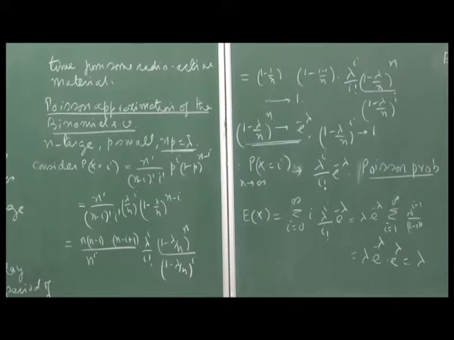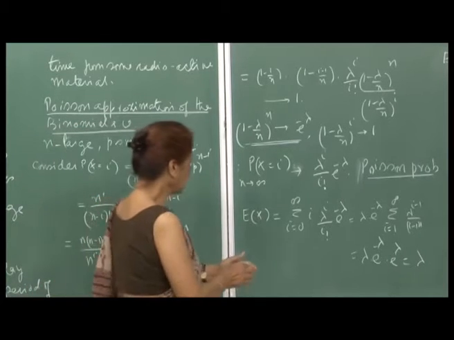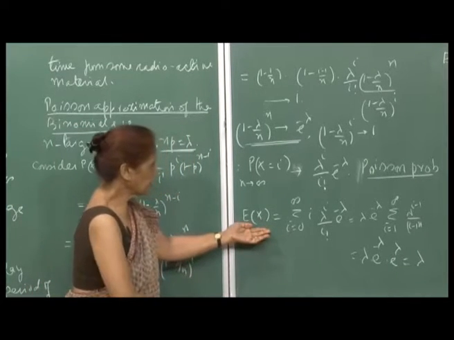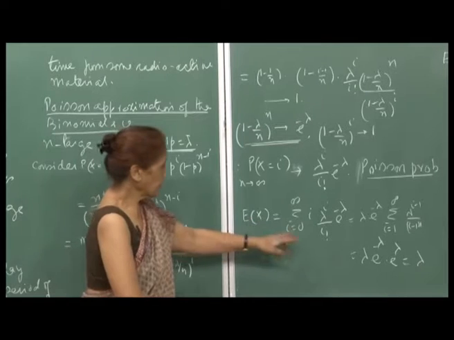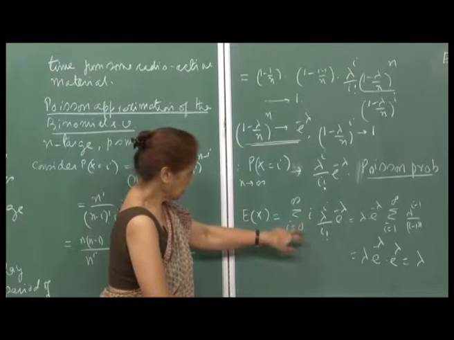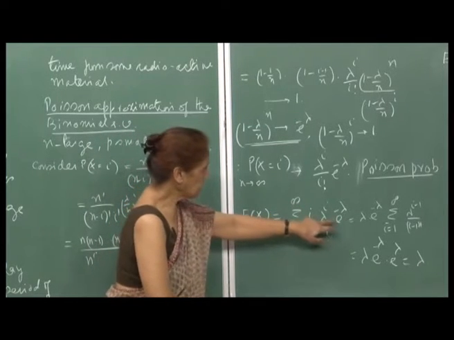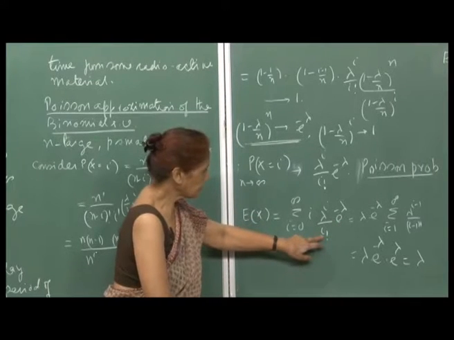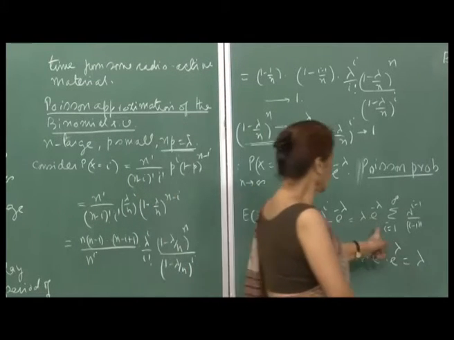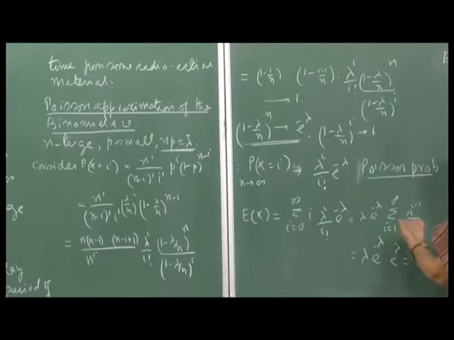Now, computing the expected value of a Poisson random variable is again straightforward: sigma 0 to infinity i lambda raised to i e raised to minus lambda upon i factorial. Here I do the same trick as I did for the binomial.